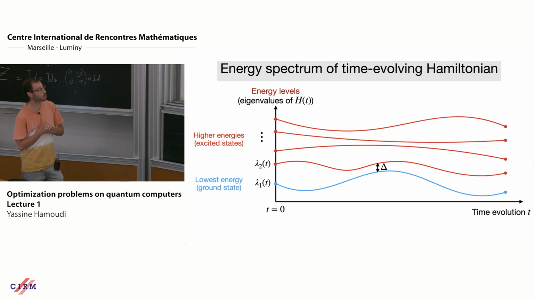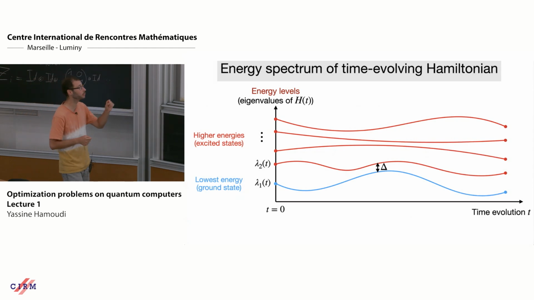Now, this important quantity is going to be the spectral gap at the worst possible step of the evolution. So instead of just at a fixed time step, delta is now defined as the closest distance which lambda 1 and lambda 2 can be over the entire evolution.